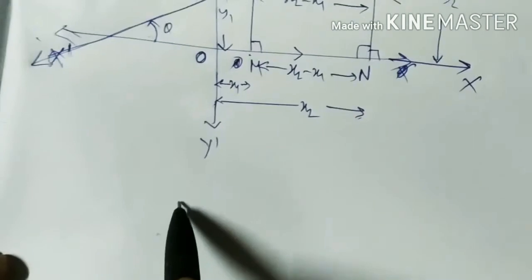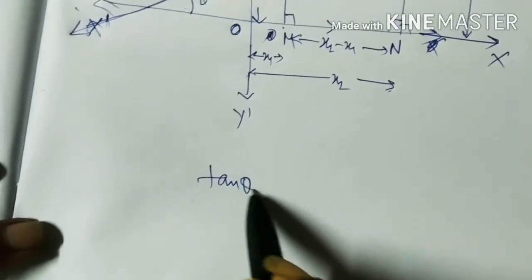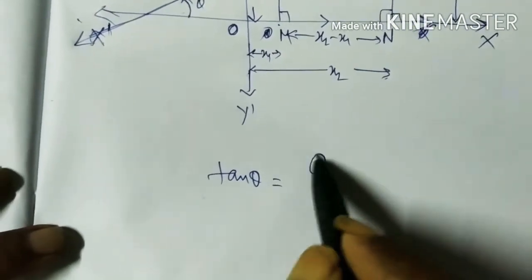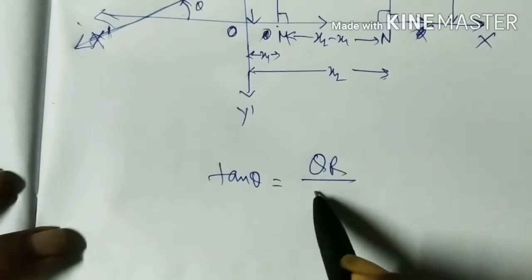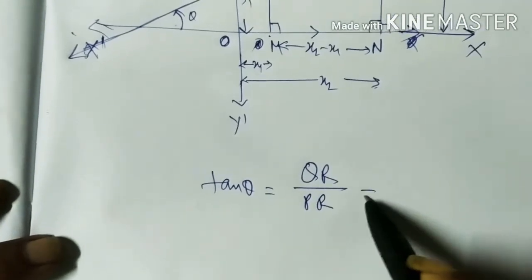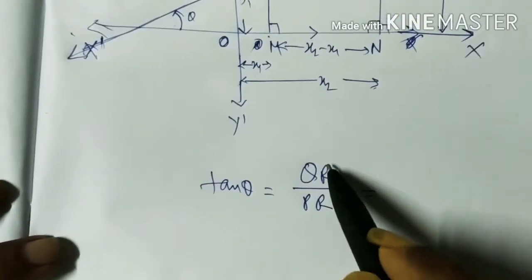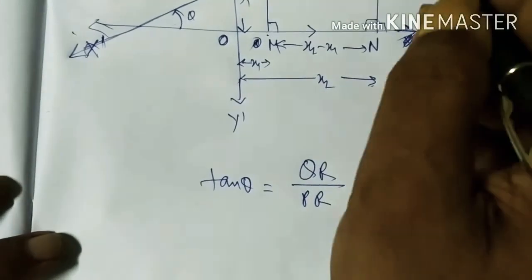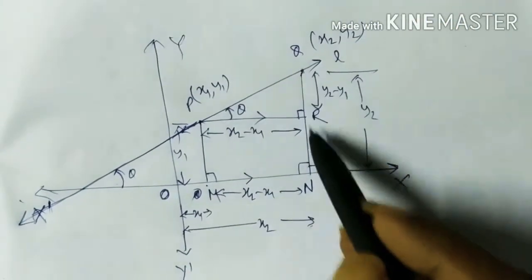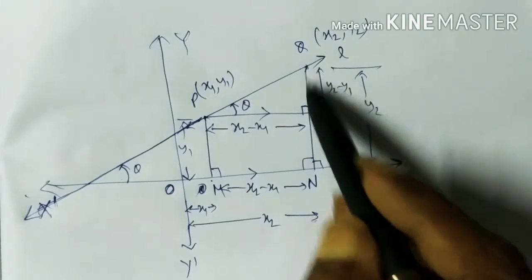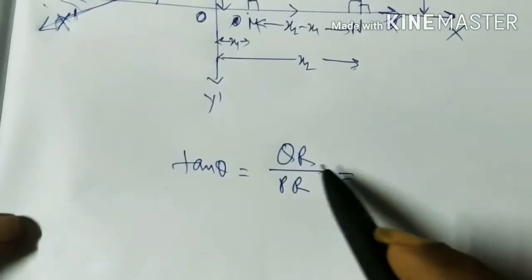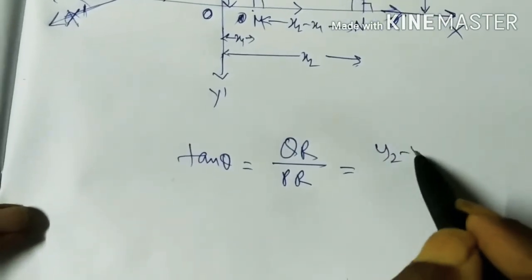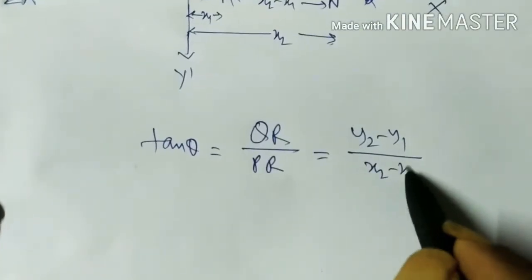Now tan theta is equal to perpendicular by base, sorry, QR by PR. QR is y2 minus y1 and PR is x2 minus x1.